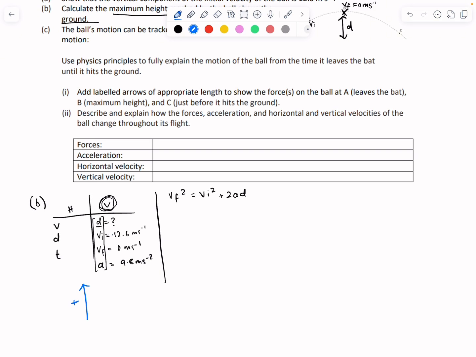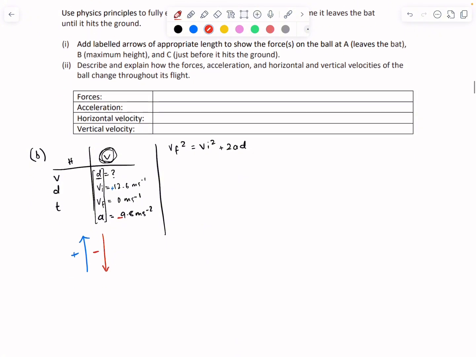So, VI is a positive value. The other vector that we have to be thinking about is acceleration. So, velocity is going up, but acceleration due to gravity is going down. It's opposing our velocity. So, we have to define our gravity, our acceleration, as a negative, okay?